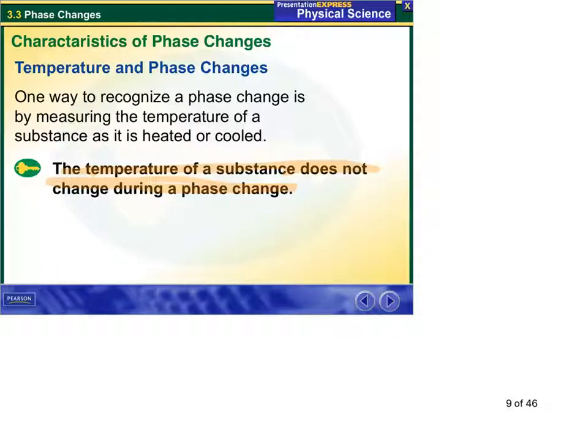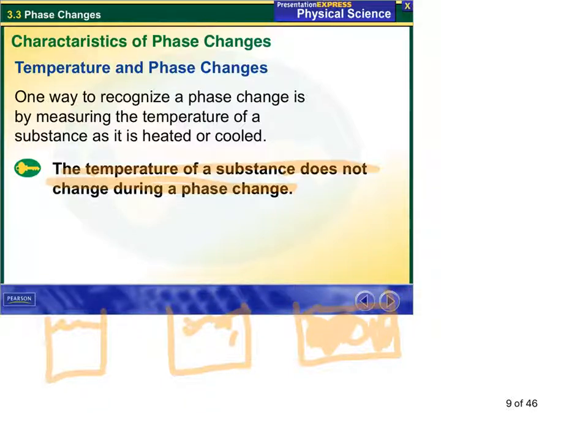So if we have a little container of water, and we put that in a freezer, that little container starts to form little ice crystals, and it continues to freeze till it ends up being solid ice.